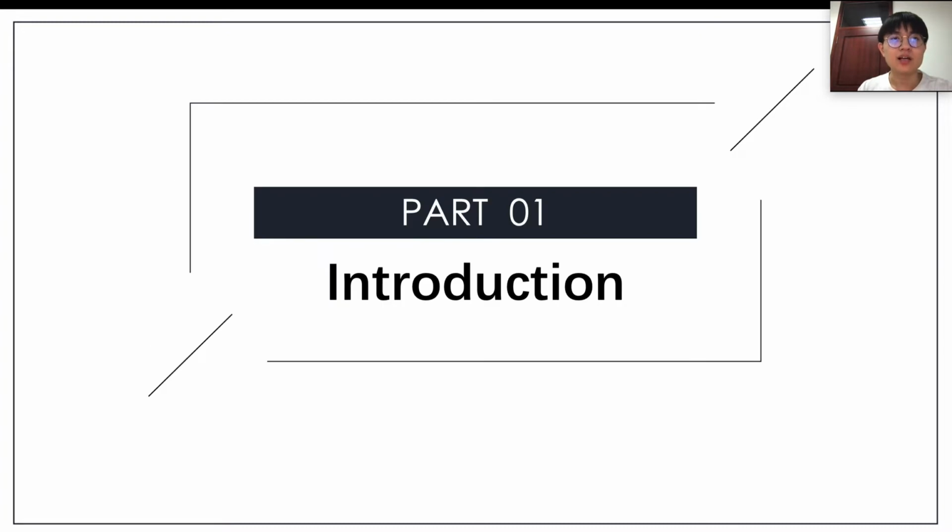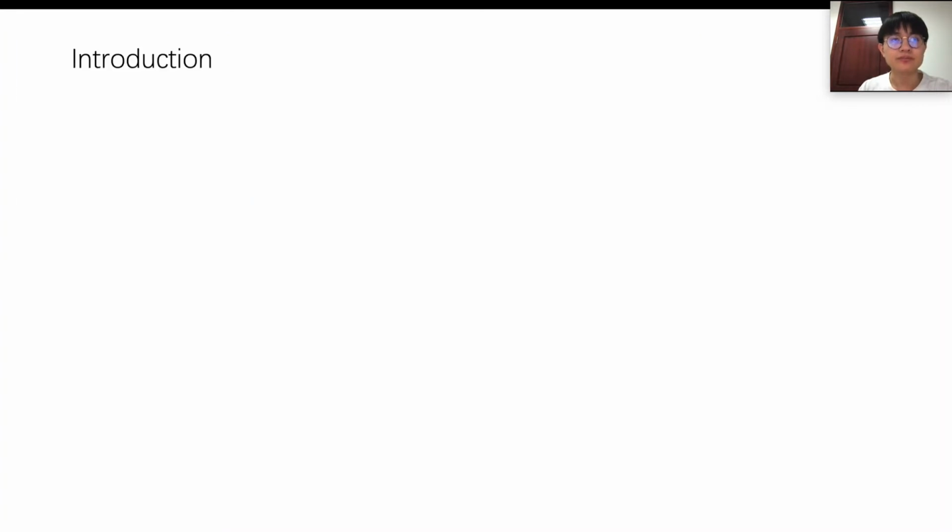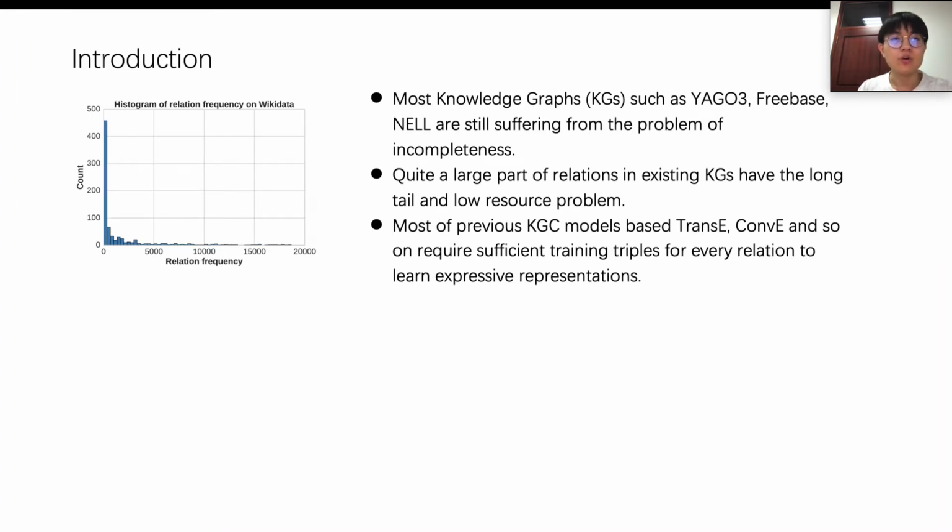At first, let's come to the introduction section. As we all know, most knowledge graphs, such as Yago 3, Freebase, NELL, are still suffering from the problem of incompleteness, where quite a large number of relations in existing KGs have the long tail and the low resource problem.